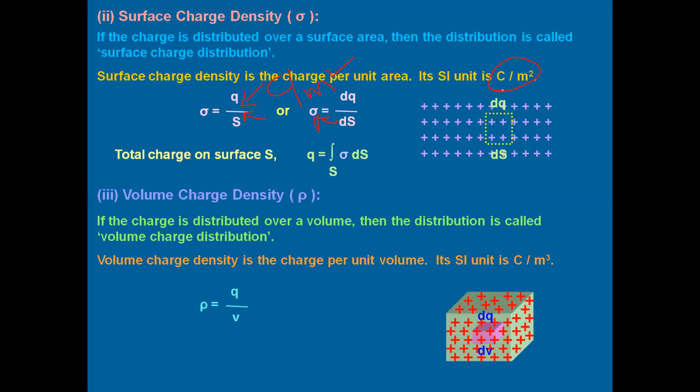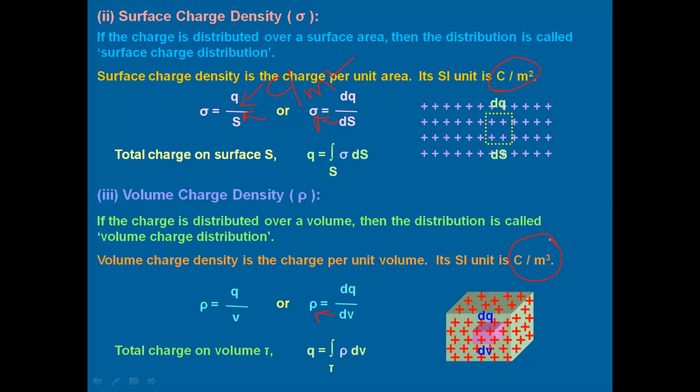Rho equal to q by v, or for a small charge, rho equal to dq by dv. So to get the total charge, dq equal to rho dv, therefore the total charge will be q equal to volume integral of rho dv. As you know, the unit of charge is Coulomb and the unit of volume is meter cube. The SI unit of rho will be Coulomb per meter cube.